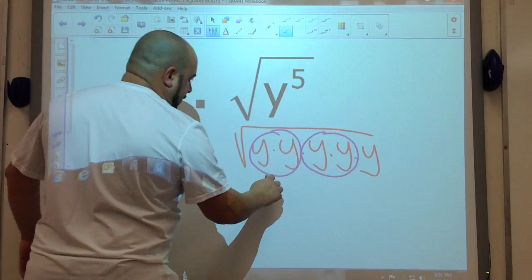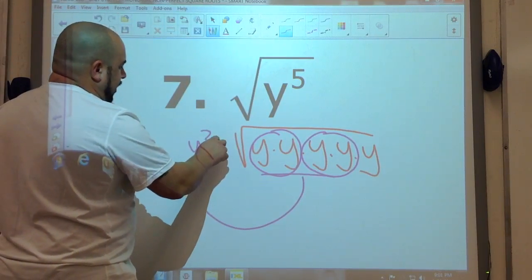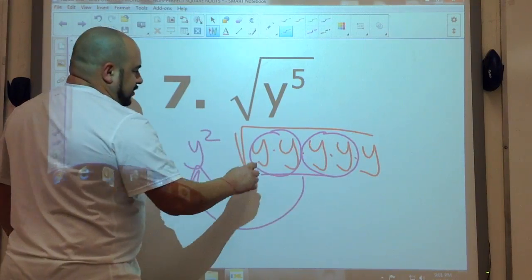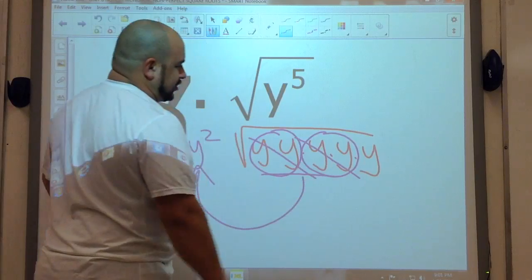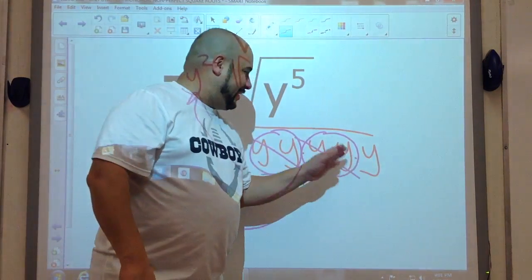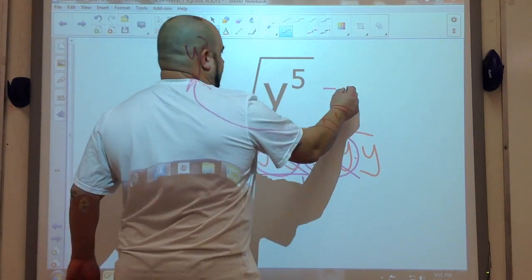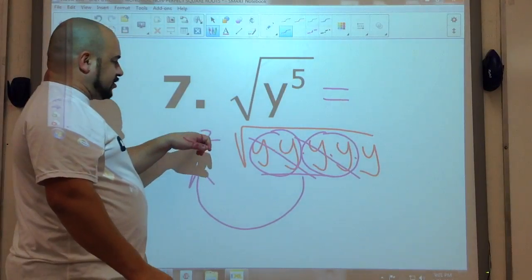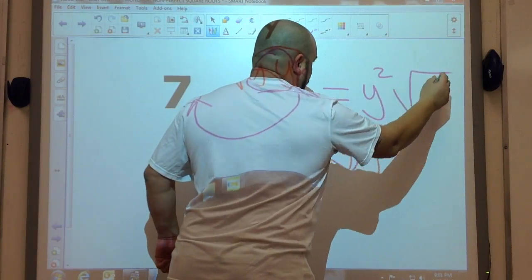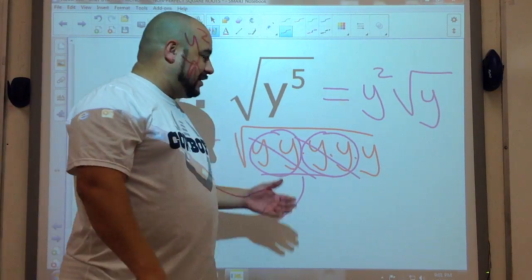And this can be represented out here with y squared, because you have 2 sets of 2 y's. So if this is gone and this is gone, notice I still have 1 y left inside the square root symbol. So my answer here is y squared on the outside with 1 y left still on the inside. And that's okay.